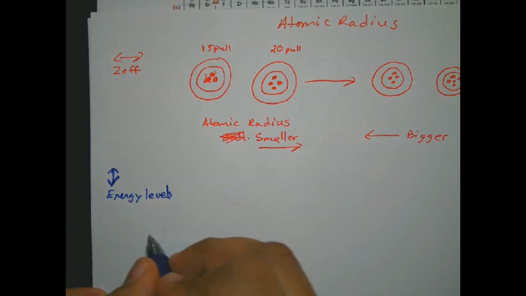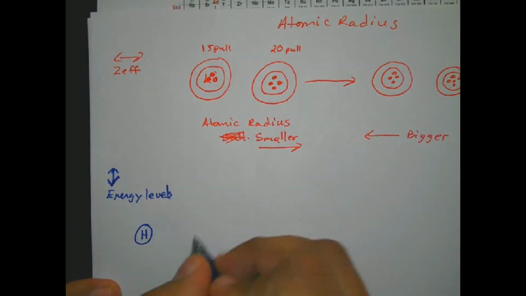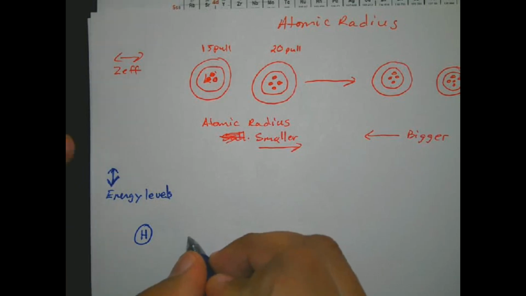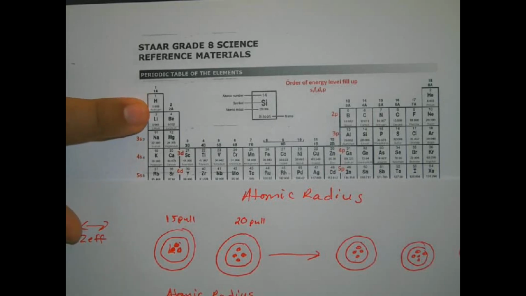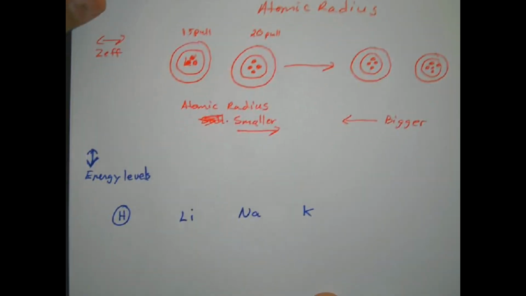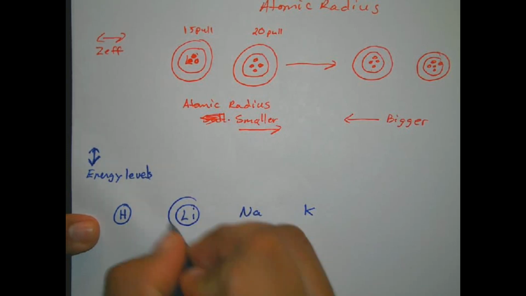So looking at the energy levels, we know if we start with hydrogen, hydrogen has 1 energy level. Let's go down by 1 to lithium. What I'm doing here is going down this group. We're going to do lithium, sodium, and potassium. We'll do those 3 right there. Hydrogen is the first energy level.